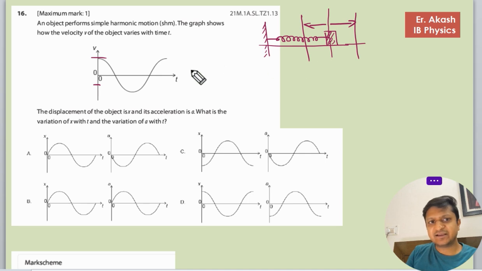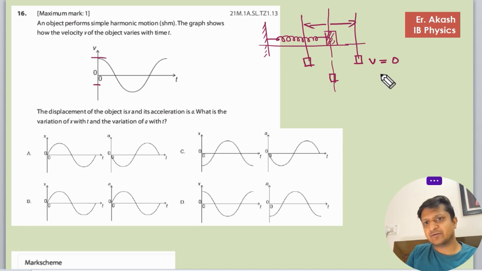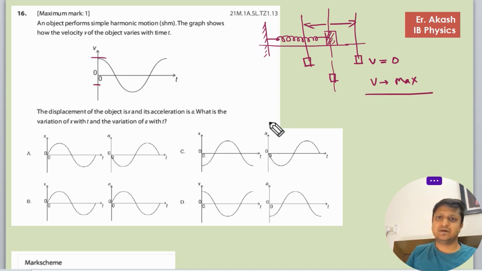It means that it is the equilibrium position, because you know that at the extreme points the velocity is equal to 0, and at the equilibrium point the velocity is maximum. So one thing is clear from this, that the graph is starting from the equilibrium position. So we will plot the graph according to this.